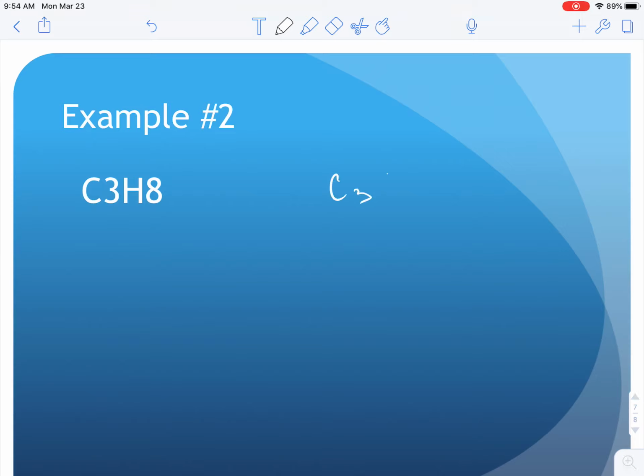All right, last but not least, we have C3H8, right? So first thing we need to do, figure out what the element C is. Again, earlier we said that was carbon. However, there's 3 in this case, so we're going to need a prefix. The prefix for 3 was tri, right? So this becomes tricarbon. And we have the element hydrogen.